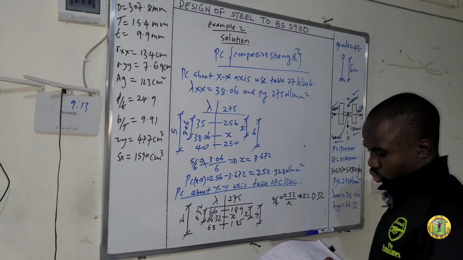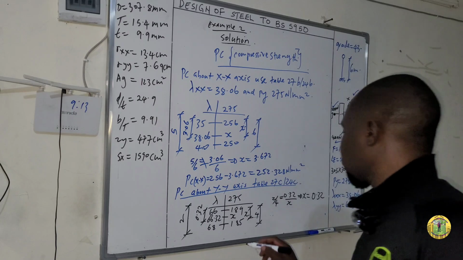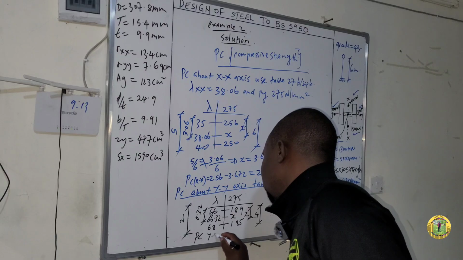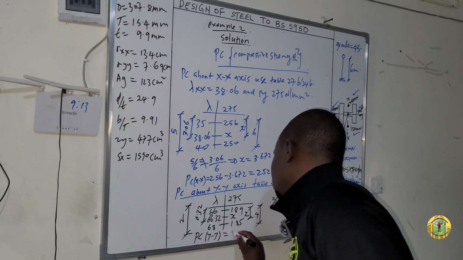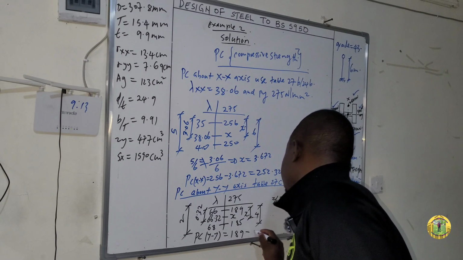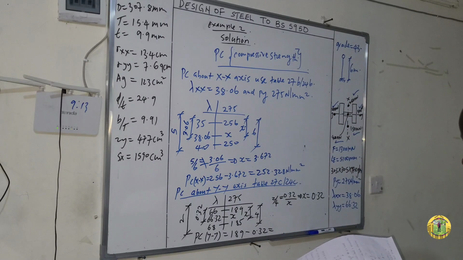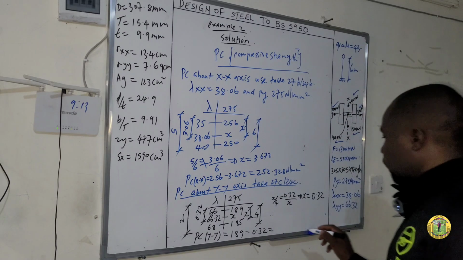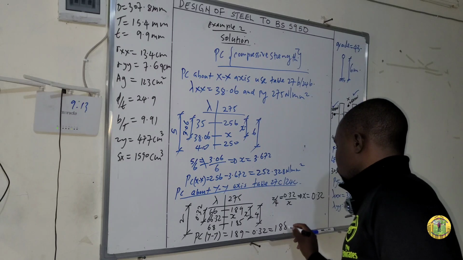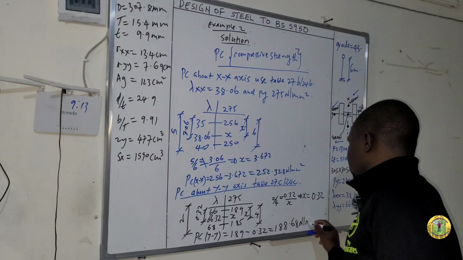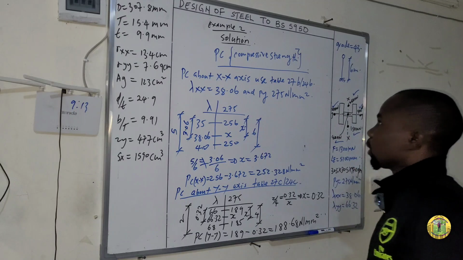So PC about the yy axis is equal to 189 minus 0.32. So this one is equal to 188.68 Newton per millimeter square.